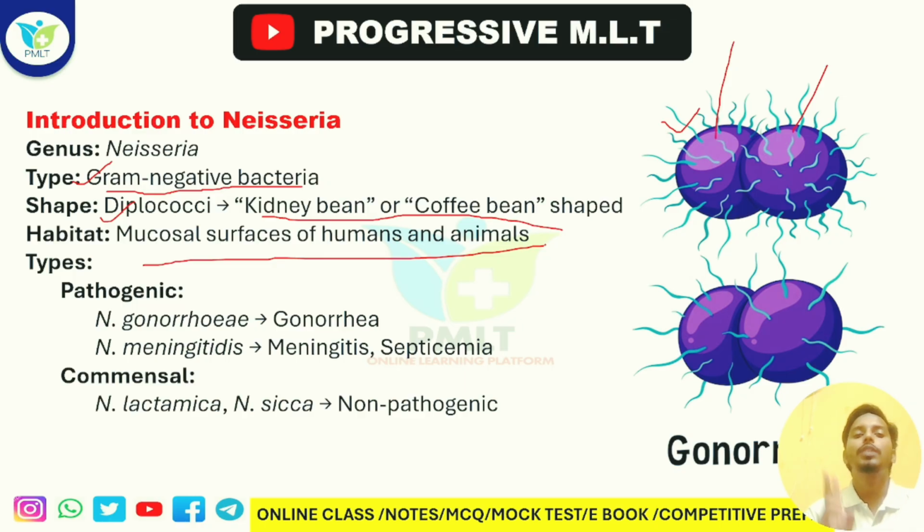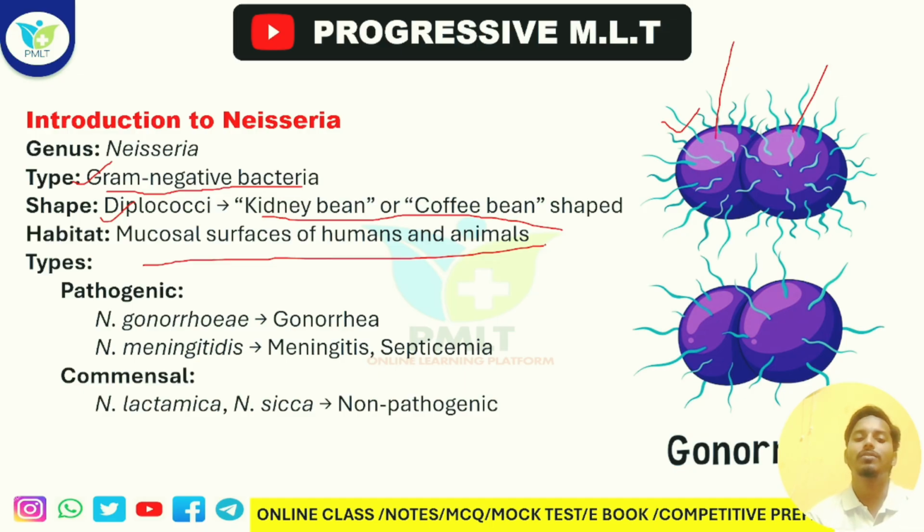Now there are two types of Neisseria. First one is the pathogenic, and second one is the commensal. Pathogenic means they are causing disease. Commensal means they take nutrition and live in the host body, but they are not causing any kind of disease.